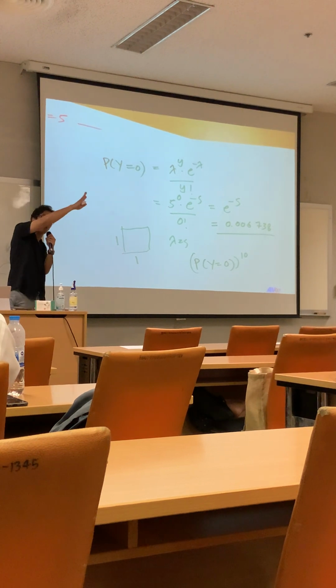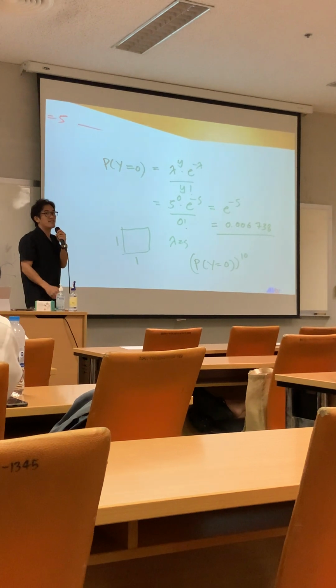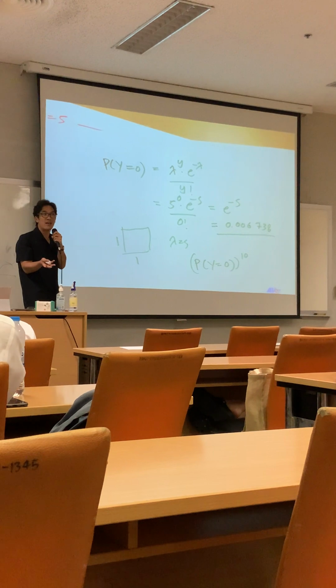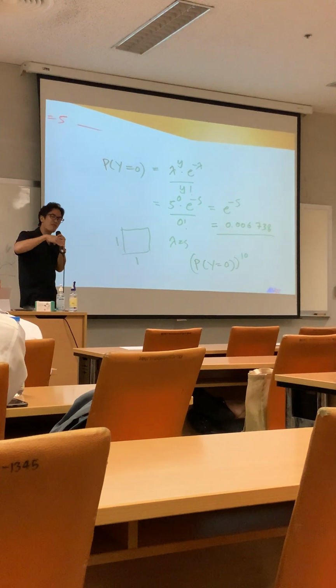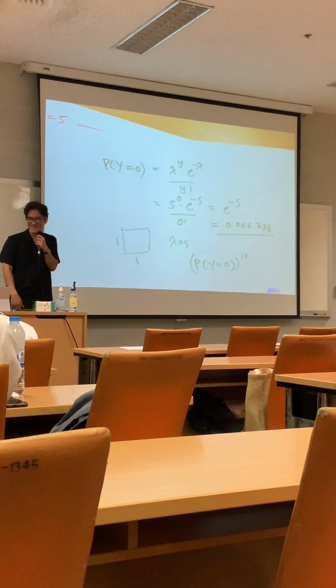Higher, right? Because you have more targets. So the probability of not dropping the seed on any one of them at all is very, very small.